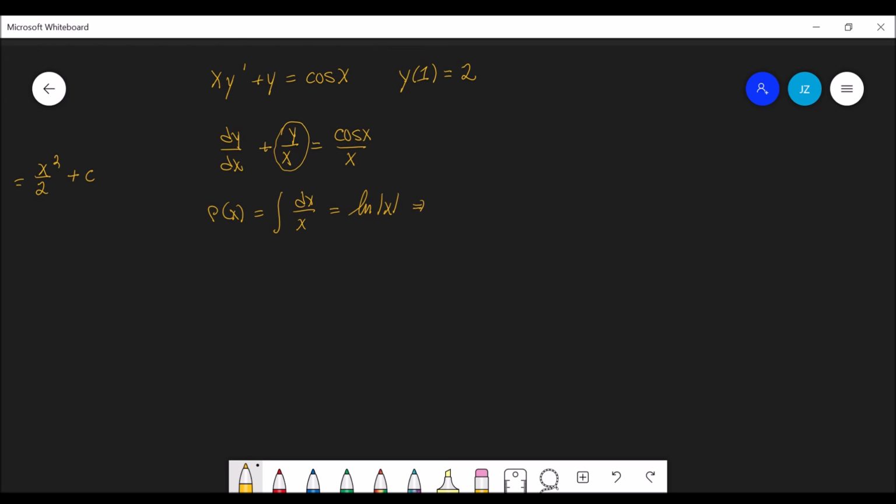So this means that mu of x is e to the log of absolute value of x, which is just simply the absolute value of x. So we multiply everything by absolute value of x.